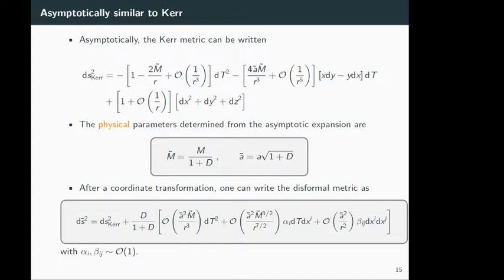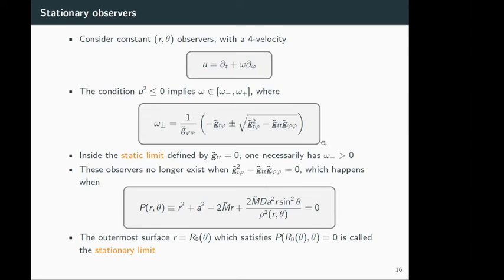So if you look at it from very far away, you can identify a physical mass and spin of the black hole just by comparing to an asymptotic expansion of the Kerr metric, which I wrote here. All right. So when you do this for Kerr, you find the mass here in the TT component and the spin at leading order in the dt d phi term. So if you do this here, you just see that it's basically Kerr from far away.